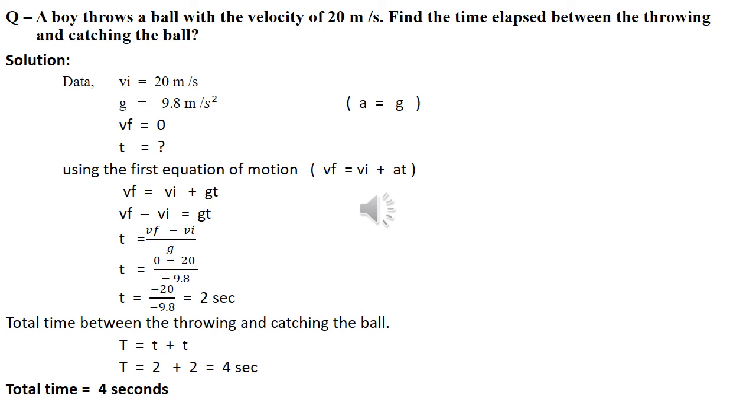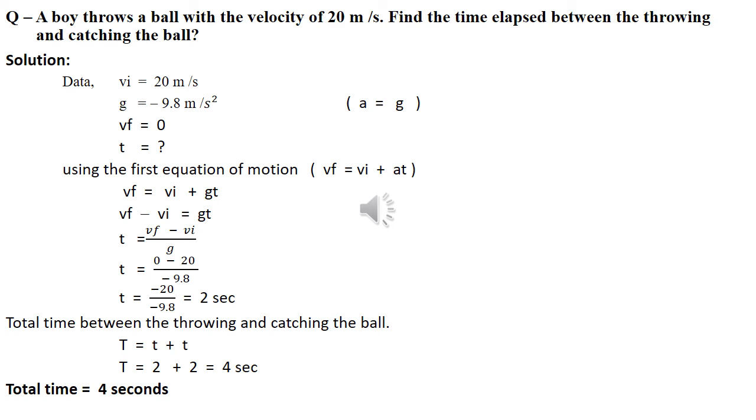So first we have to write the data. As we see, the velocity of the ball is 20 meter per second, that is its initial velocity. As a body is thrown vertically upward, here should be acceleration due to gravity, whose value is 9.8 meter per second square.